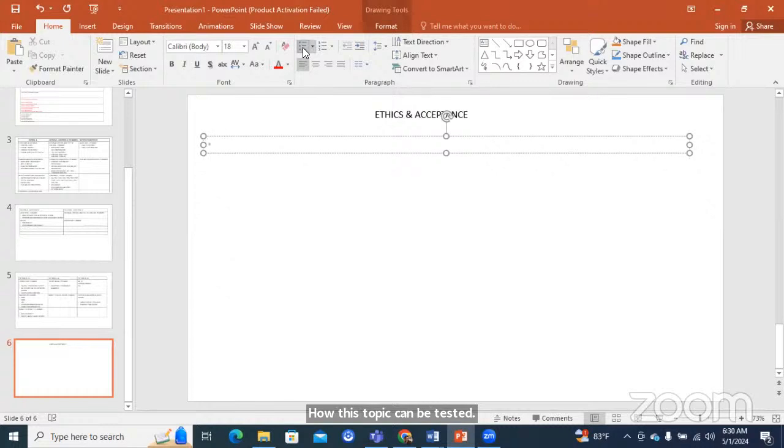It can be tested in 4 ways. One is theory questions. I'm not expecting this, because in recent past papers the examiner does not want to test theory questions.